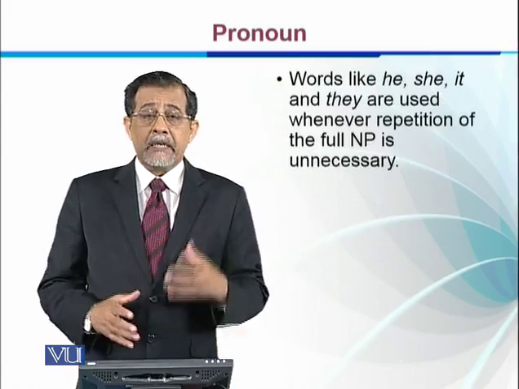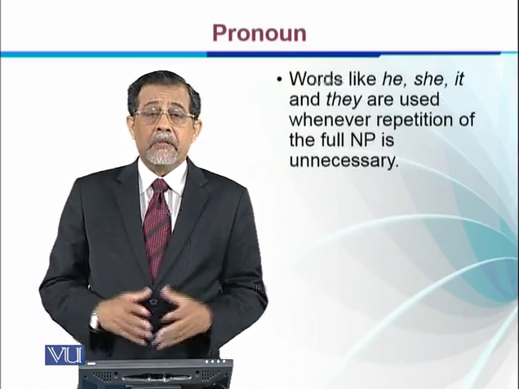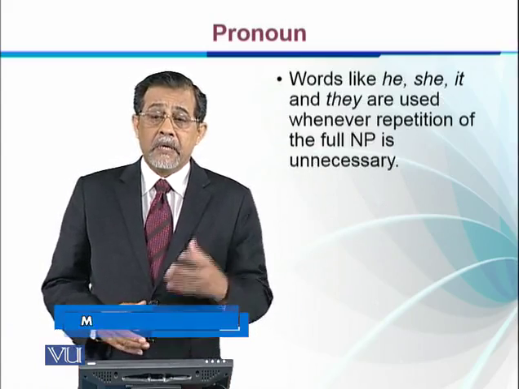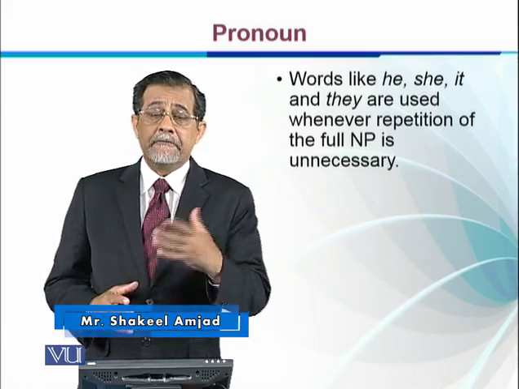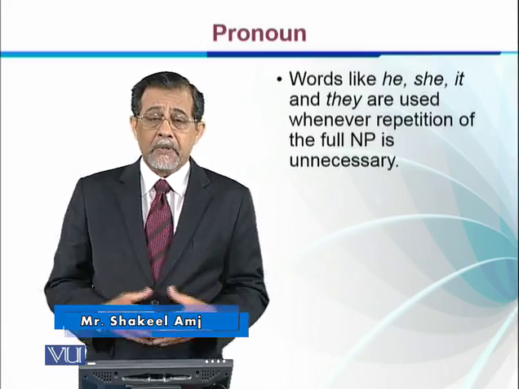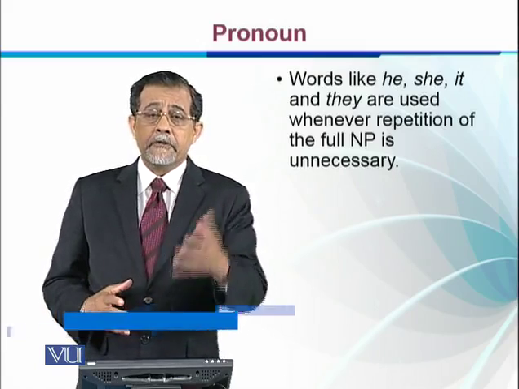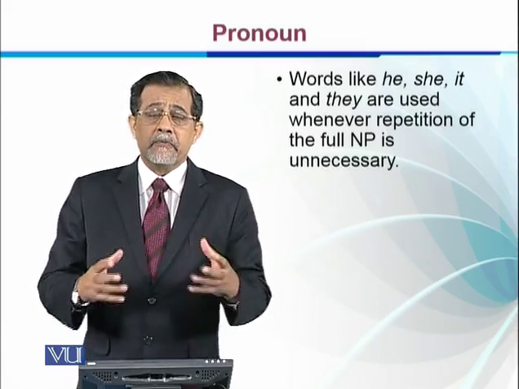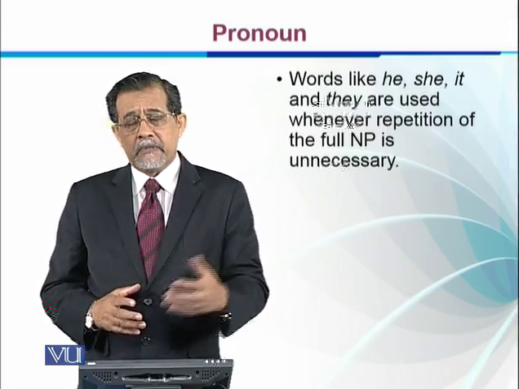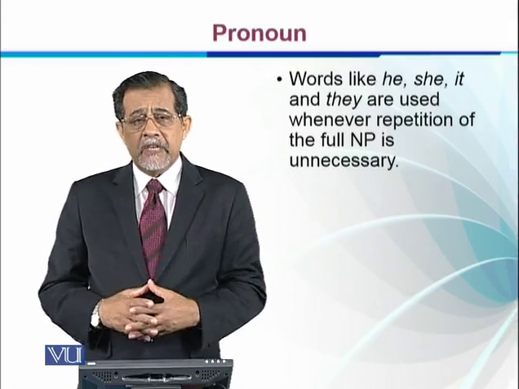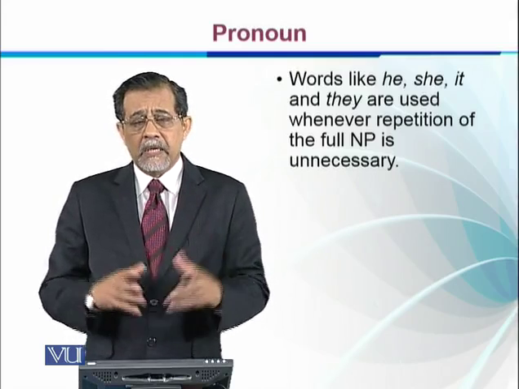So, words like he, she, it, they are all pronouns, and we call them personal pronouns as they refer to some person. For example, I and we refer to the person speaking, so we call them first person. I is used for singular and we is for plural.